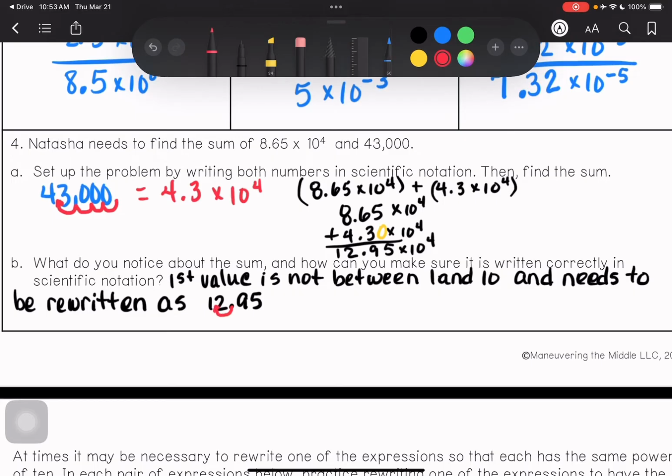I moved it 1 time, so that means my base was already 10. My exponent was to the 4th. But because I moved it 1 time to the left, I want to add 1 to that existing exponent. So my final answer is 1 and 295 thousandths times 10 to the 5th power.